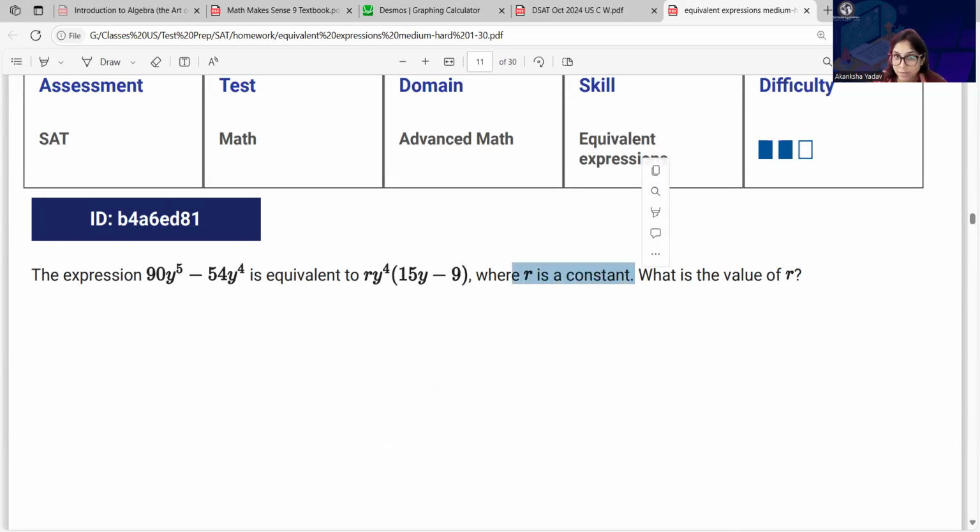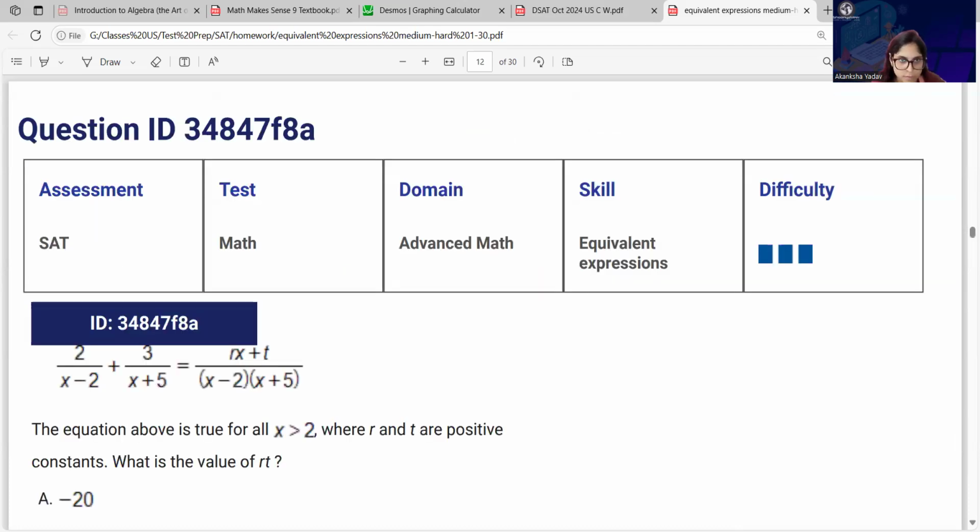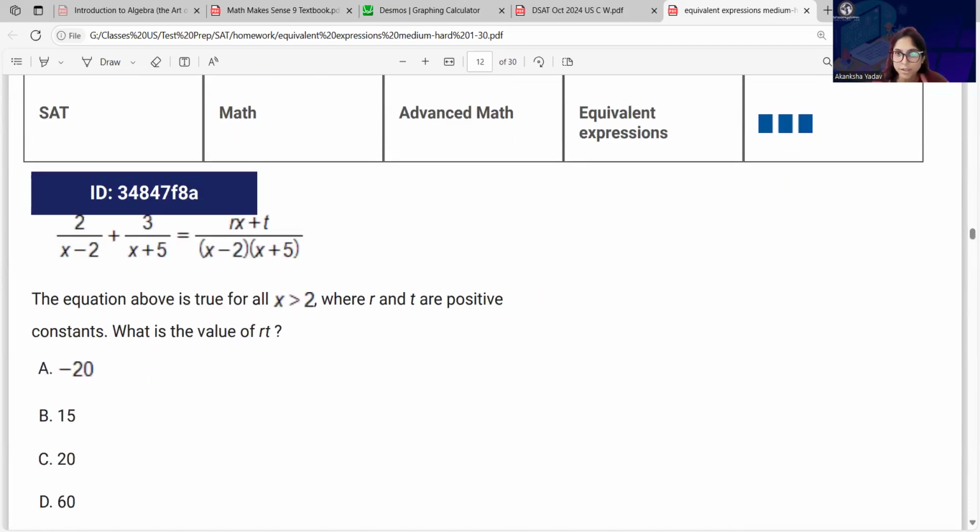Because r is a constant. So r is not your input. Make sense? Same thing, it's equivalent. And sometimes it'll give you things, for example, x is greater than 2. So you will take x1 values at 3, 4, 5, 6, 7.